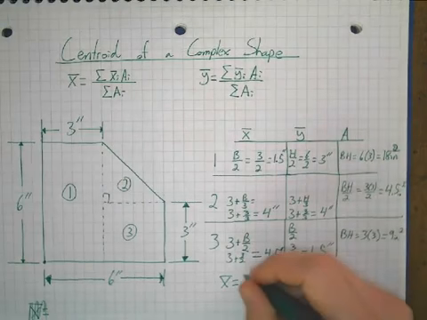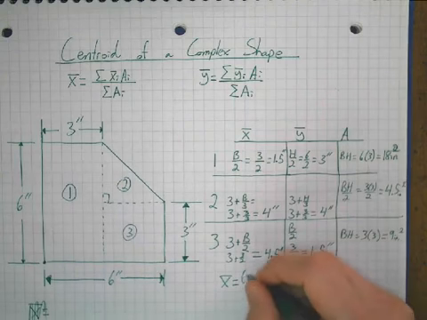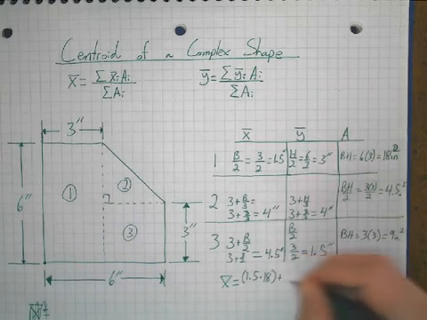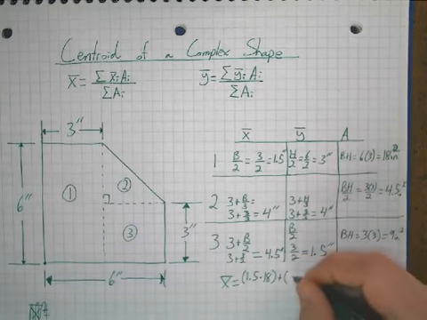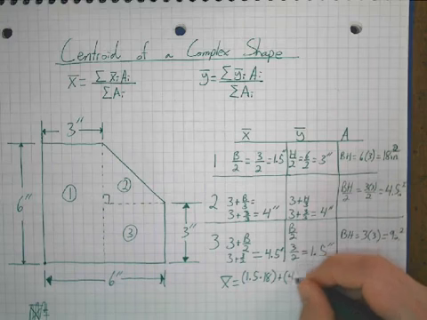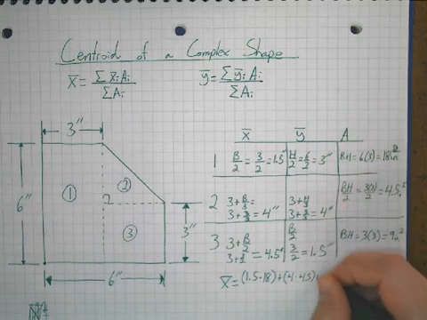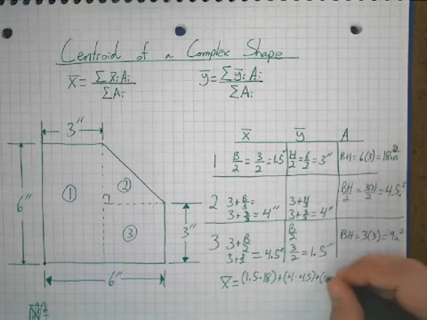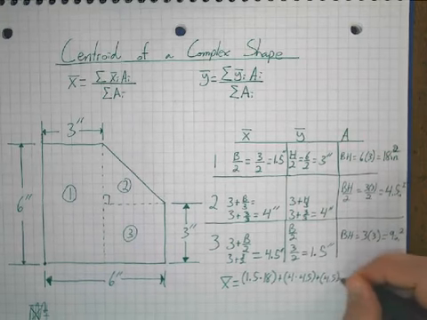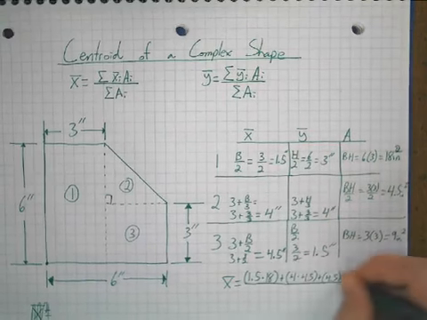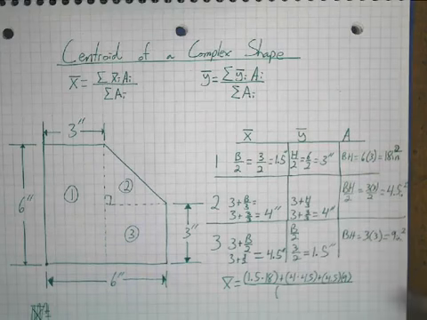So how does this look? We'll say 1.5 times 18 plus 4 times 4.5 plus 4.5 times 9, and all of that divided by 18 plus 4.5 plus 9.